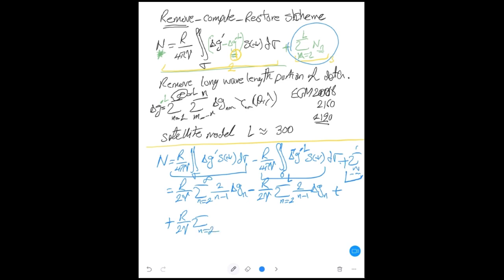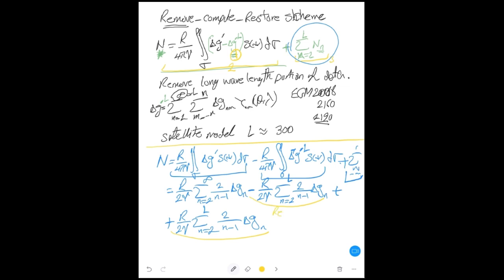If I write this N in terms of the Laplace coefficients of gravity anomaly, it will be R over 2 gamma, n from 2 to L, of 2n plus 1 over n minus 1.